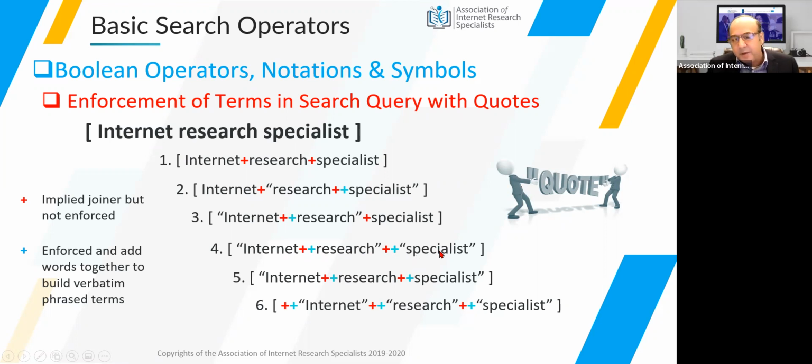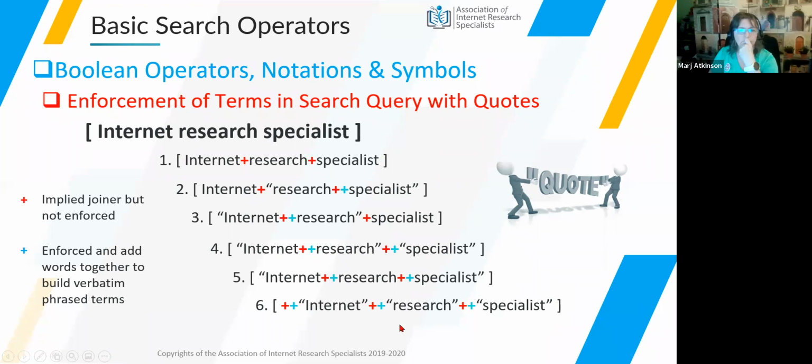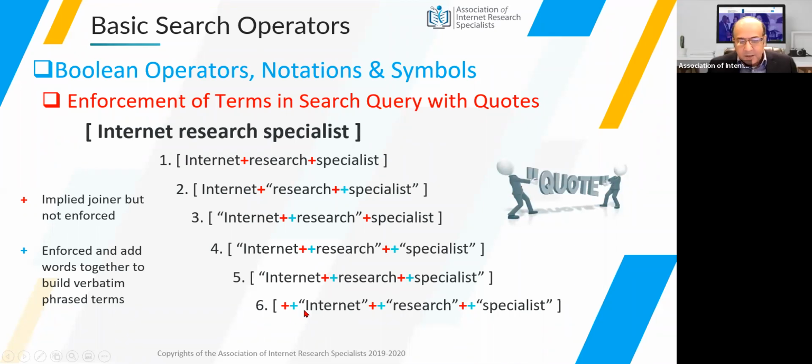Rather, it is a separated single keyword, which does not have to be right next to internet research, but can be found anywhere on that content page, along with internet research.